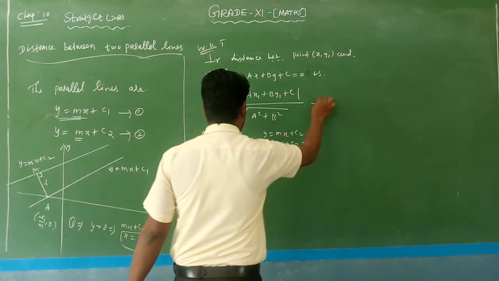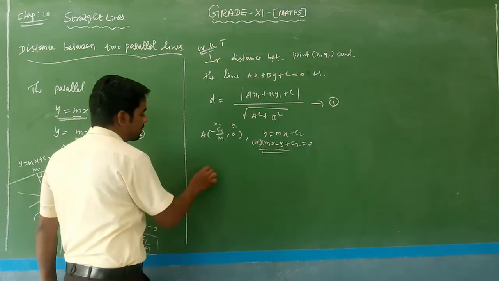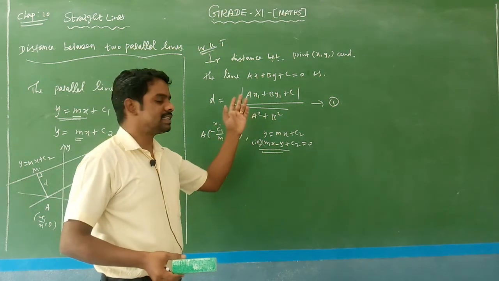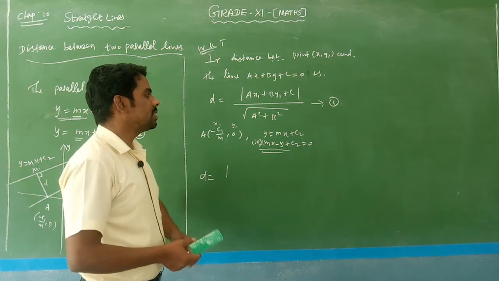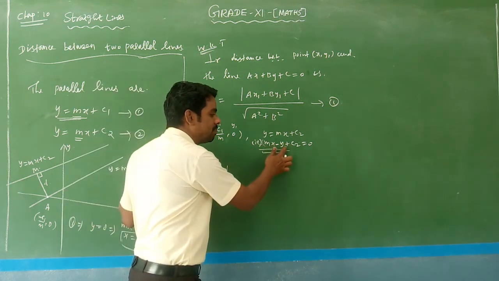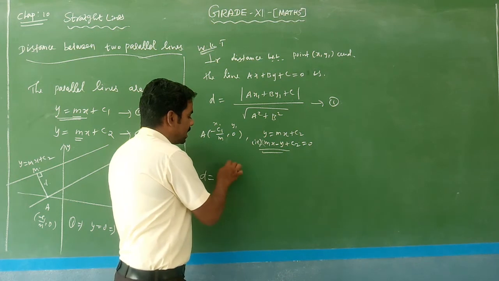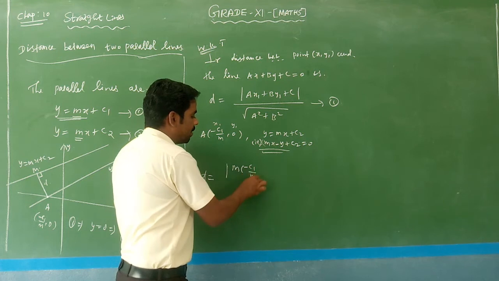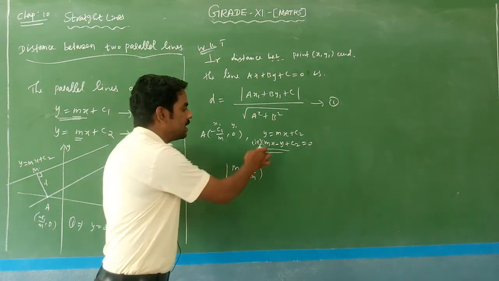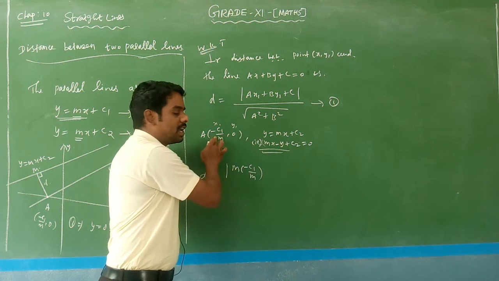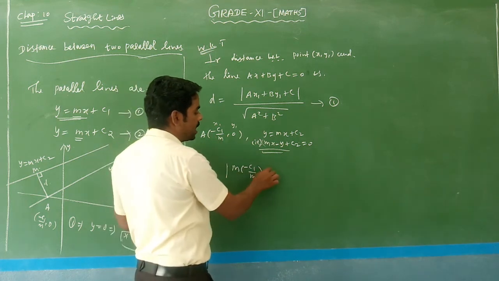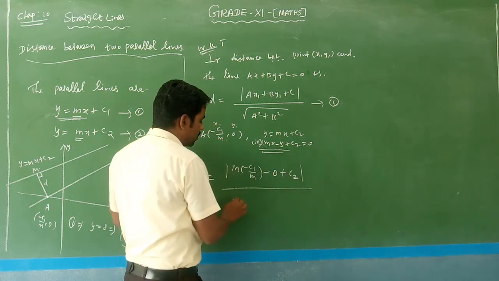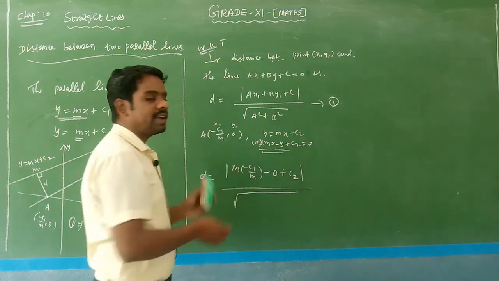So D is equal to modulus of ax1 plus by1 plus c, which is m into minus c1 by m, plus minus y value, which is 0, plus c2.